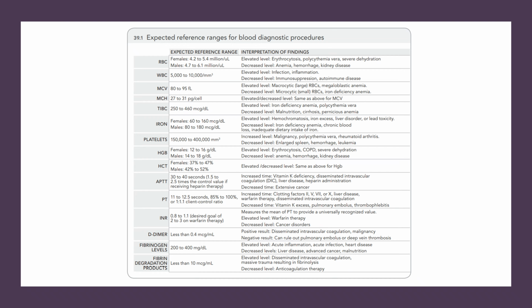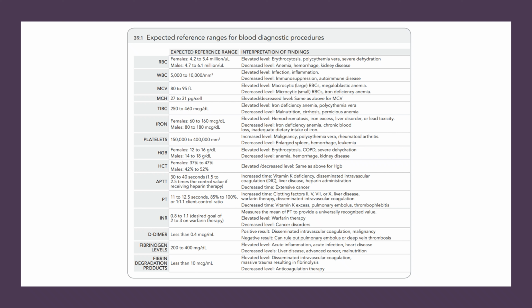Too many, polycythemia, and your blood can become too thick. The white blood cells, those are your body's immune defense team, fighting off infection and inflammation. We have the normal range between 5 and 10.